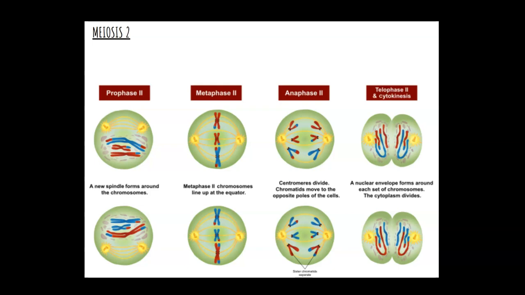This time, the chromosomes line up and the sister chromatids separate from each other, moving to opposite poles of the cells. Now bear in mind that this is not just happening in one cell, but it's happening in 2 cells. So you end up at the very end of meiosis 2 with a total of 4 cells forming.